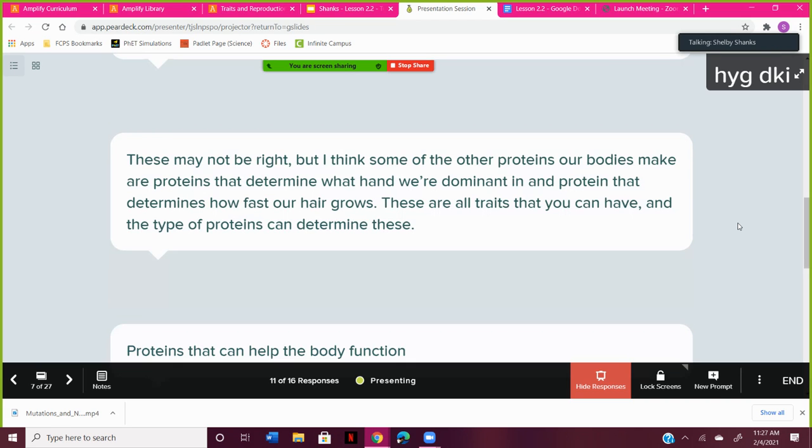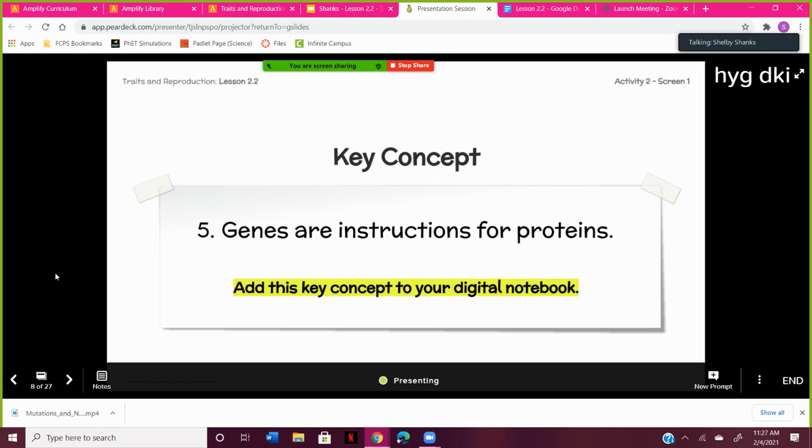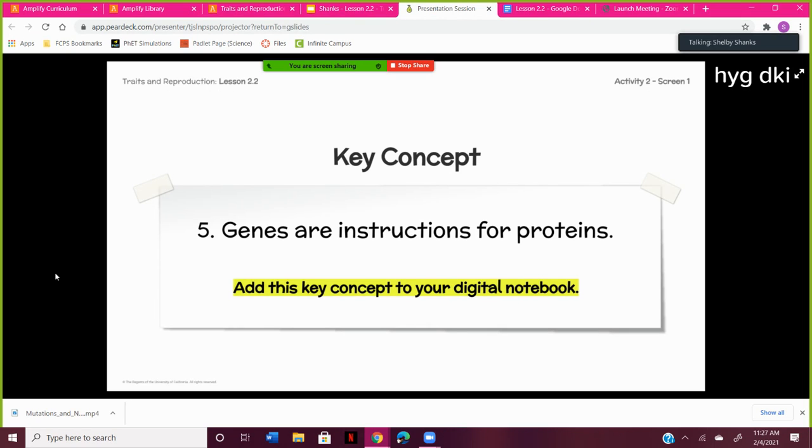Right, so you guys saw, hopefully in the reading, that you have hundreds of thousands of proteins in your body. So we have a key concept before we get started. This is what we learned last class, and then we're going to look at it a little bit more with our claims today. So open up your digital notebook in the tab, and we're going to write this key concept down in the chapter 2, lesson 2 slide. All right, so genes are instructions for proteins.